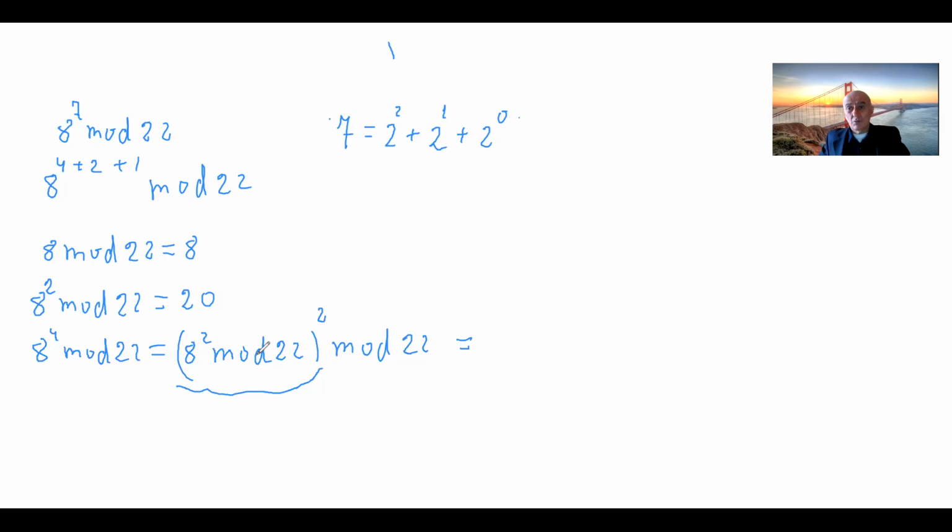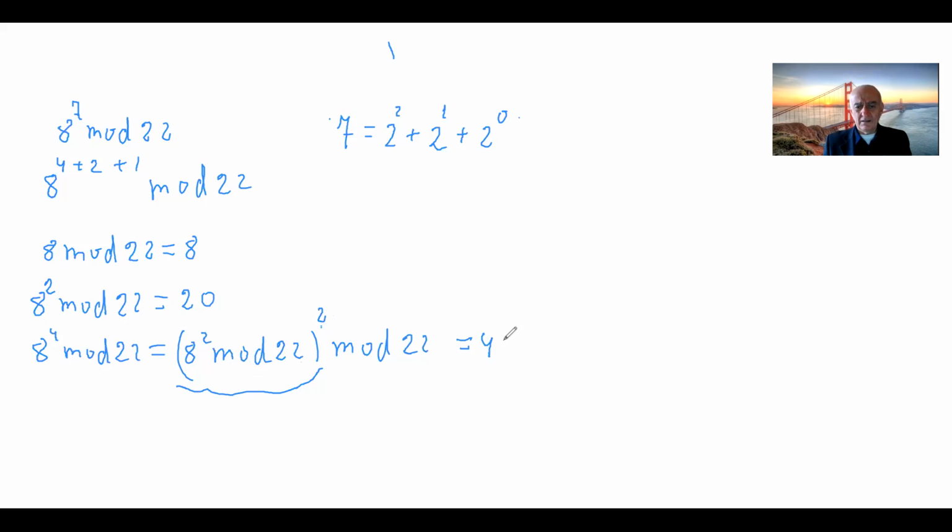You can see, this is a property of congruence that we discussed in the previous class. And here we already know that this is 20. And also we know that 20 square is 400.